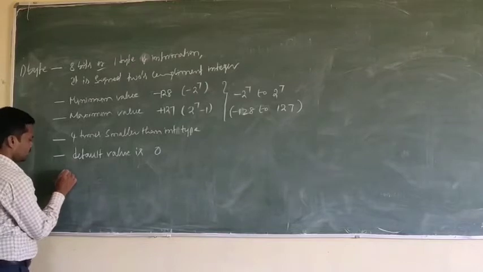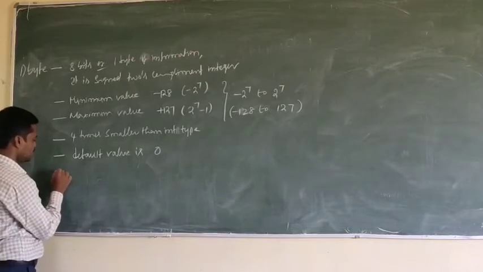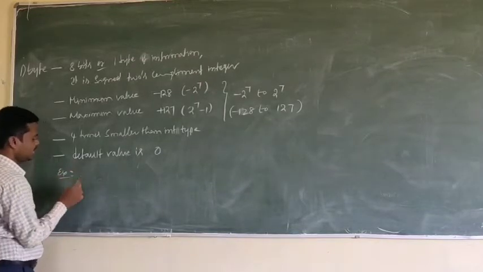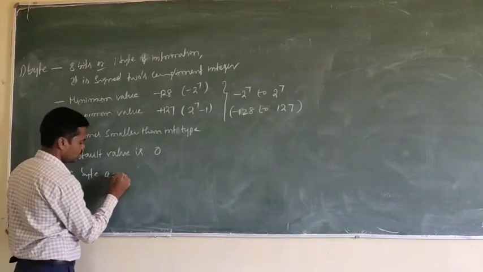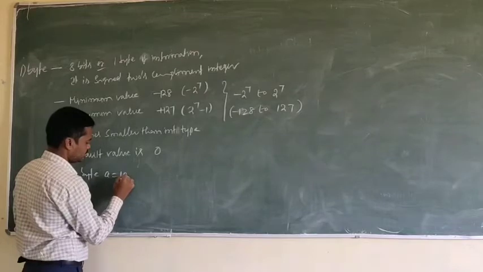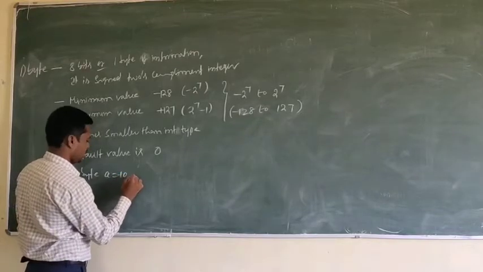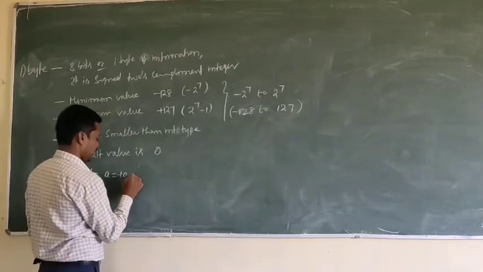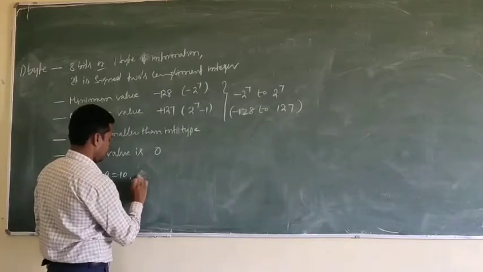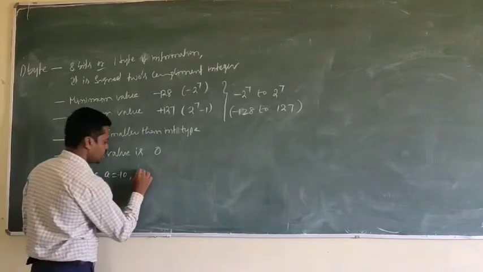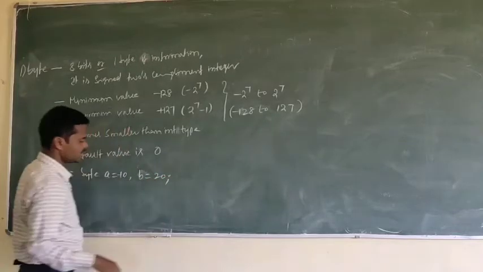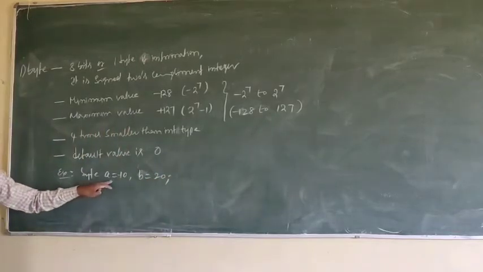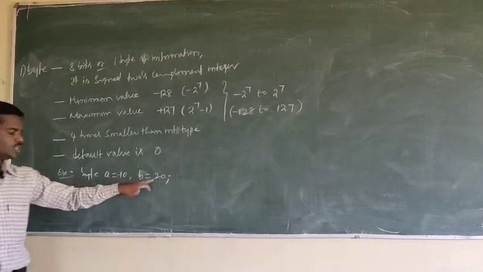For example, byte a is equal to minus 10, comma, b is equal to 20. Like this you can store.